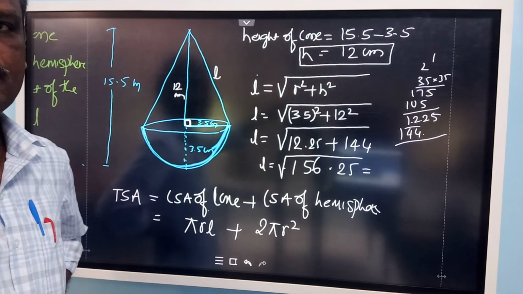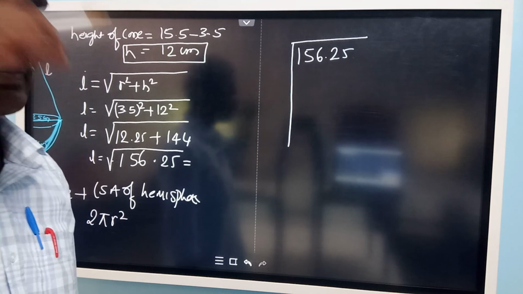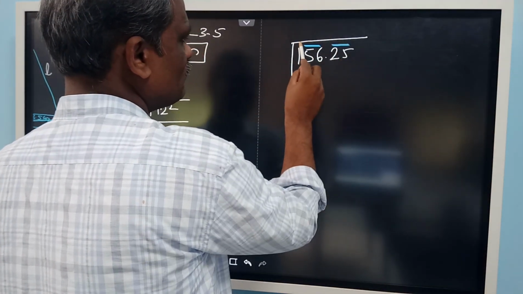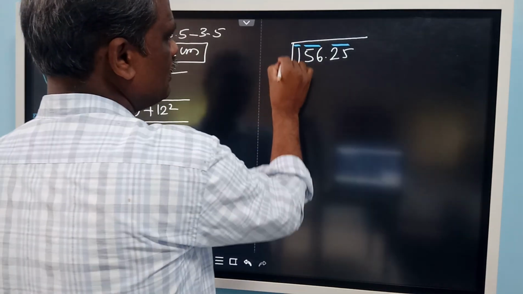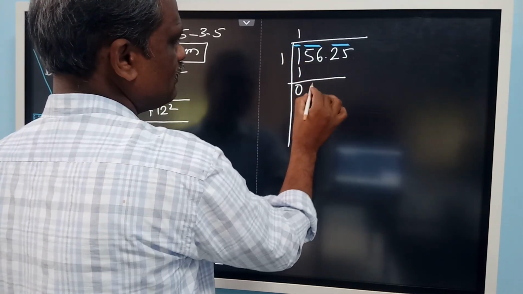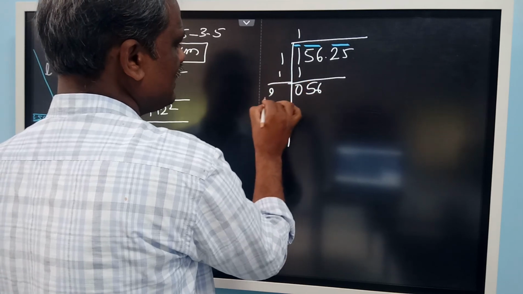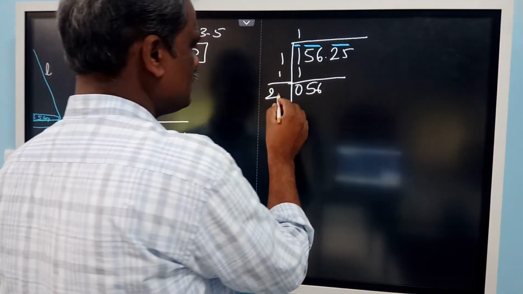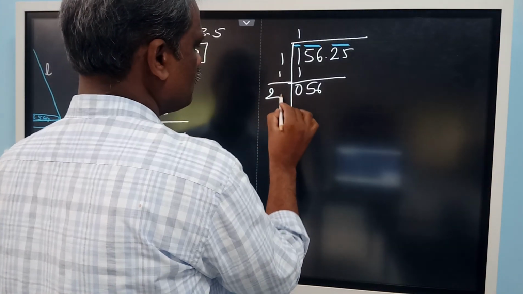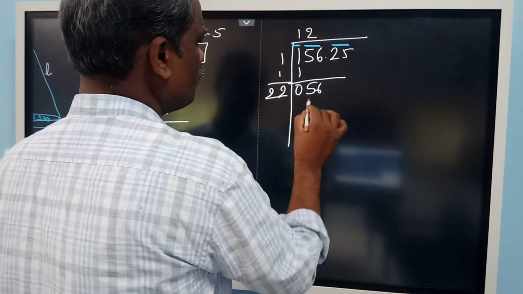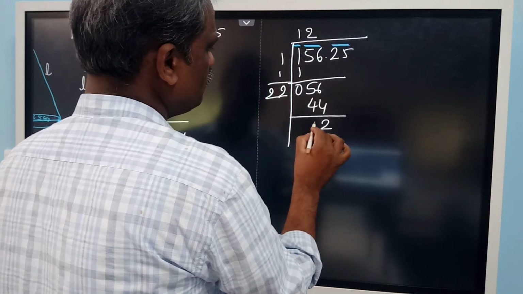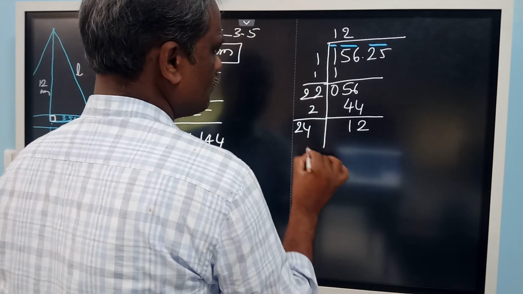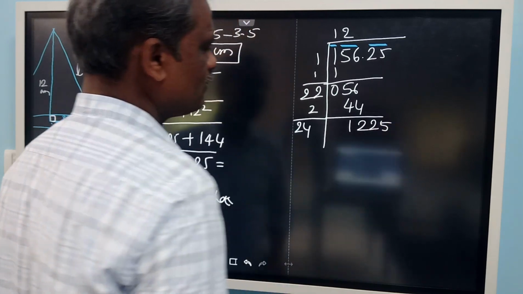Find out the square root of 156.25 by the division method. You group the digits before and after the decimal point. 1 ones are 1, then bring down 56, then 1 plus 1 is 2. If I put 2 here, 2 2s are 44, then add 2 to make 24, then bring down 25.